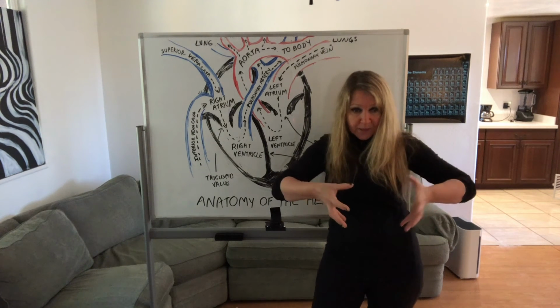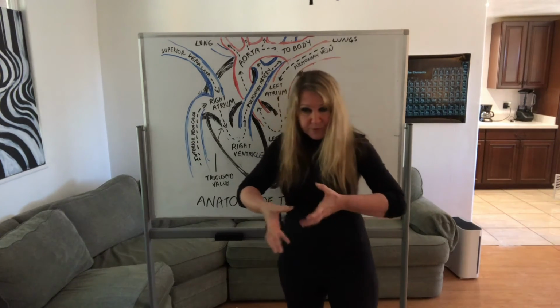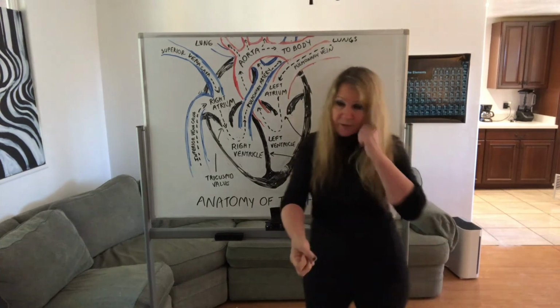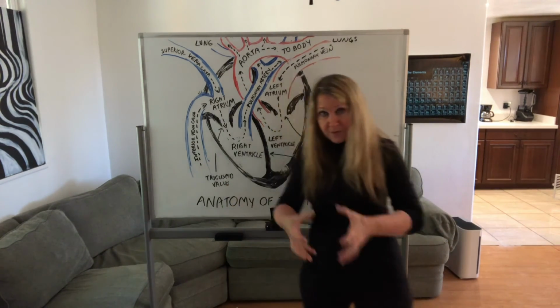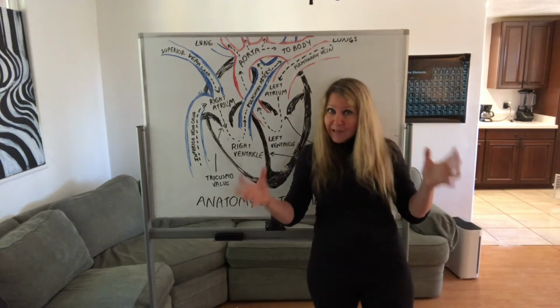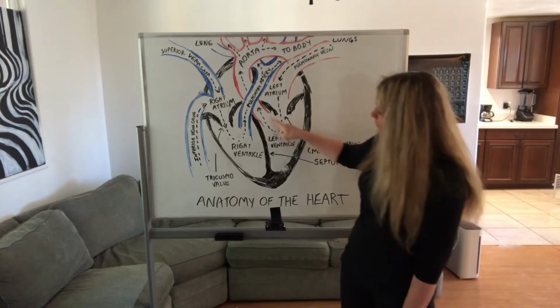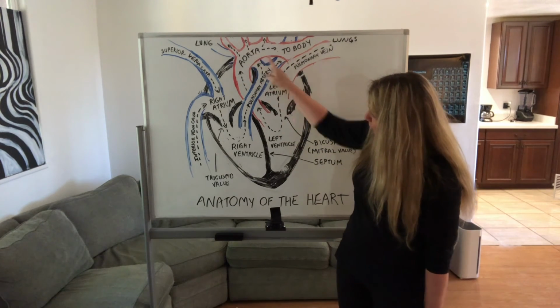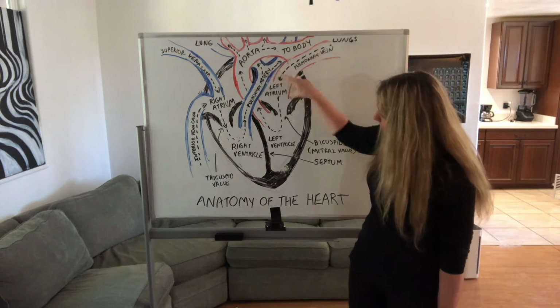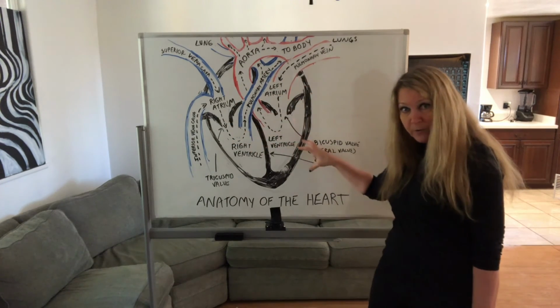And they narrow down, become coronary arterioles, and they narrow down, become capillaries. It's just surrounded with blood vessels because the heart needs a lot of oxygen to pump. So off the aorta, these coronary arteries come off and wrap around the entire heart.